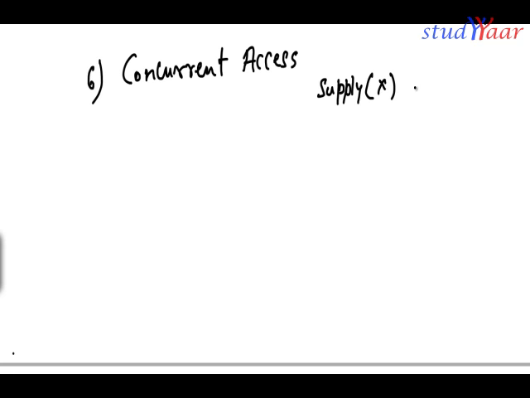So the concurrent access problem basically says, let's suppose a scenario where I have a supply of a particular item, supply of X is equal to 1, okay? It basically means there is only one item of type X. Say it's a very posh collectible version of a Swiss watch, and we have only one piece left.